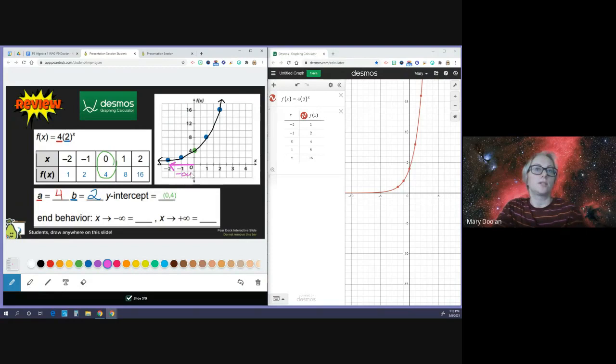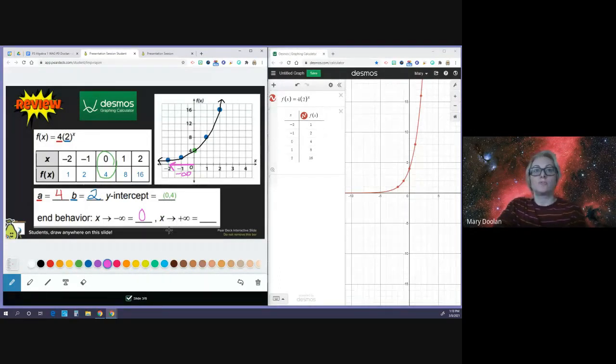You can see the graph is getting closer and closer to 0. As x approaches negative infinity, it gets closer to 0.